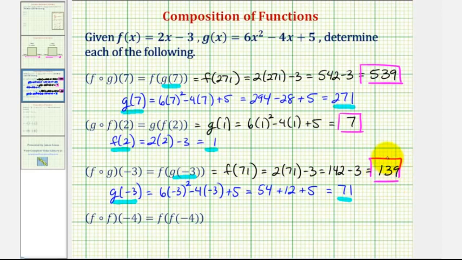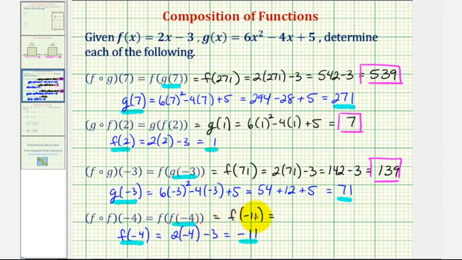And for our last example, notice how we have f of f of negative 4. We begin by determining the inner function value f of negative 4, which would be 2 times negative 4 minus 3. That's negative 8 minus 3, or negative 11. And since the inner function value f of negative 4 equals negative 11, f of f of negative 4 is equal to f of negative 11.